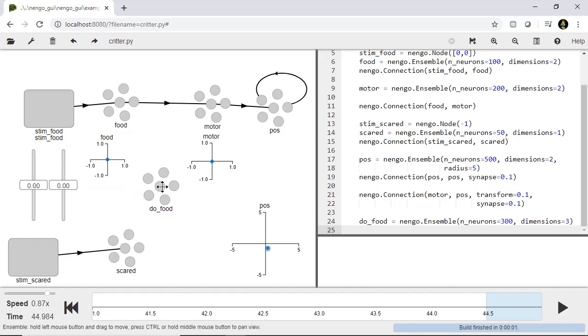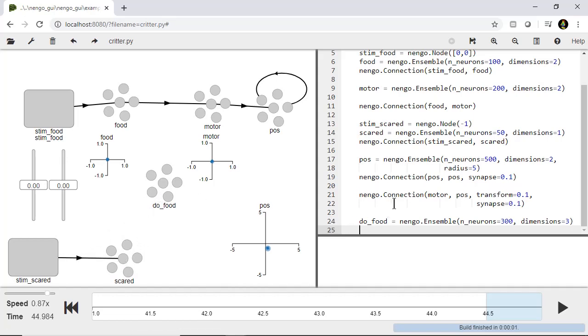Okay, I need to make connections. I need to send all the information from food, so both dimensions from food are going to go to do food, and one of the dimensions from scared is going to go in there. I mentioned in the earliest lecture that in order to pass information into particular dimensions, we could define functions for each of those, but there's also special syntax for that in Nengo.